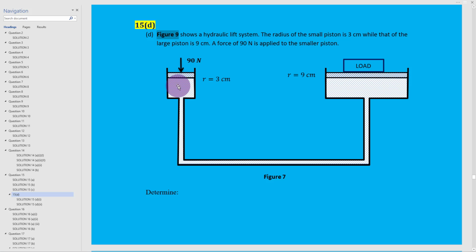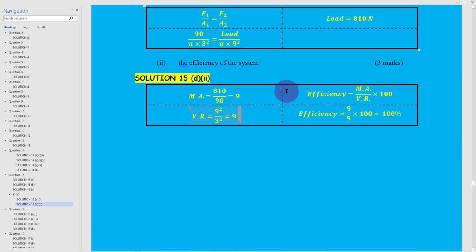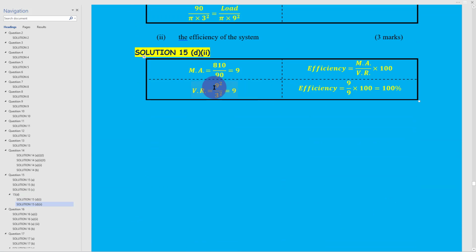The volume here will be the cross-section area times the distance moved by the effort, while the volume here will be the cross-section area times the distance moved by the load. When we equate the two, the pi's are going to cancel out, and eventually the velocity ratio is given by capital R squared over small r squared, which of course gives us 9. I found this question a bit strange because the value of the mechanical advantage and the velocity ratio is the same, in which case I got an efficiency of 100%.